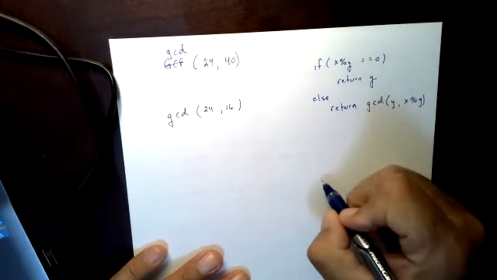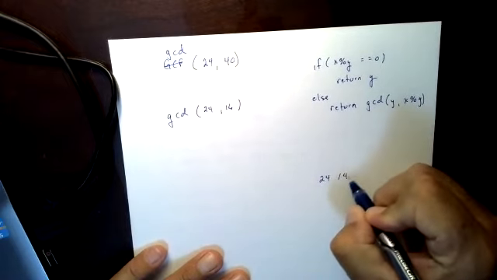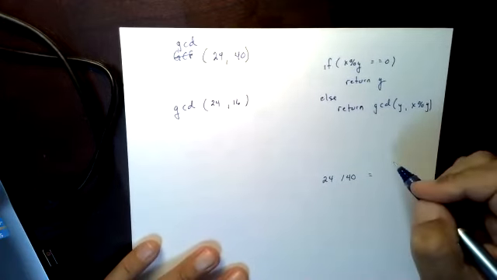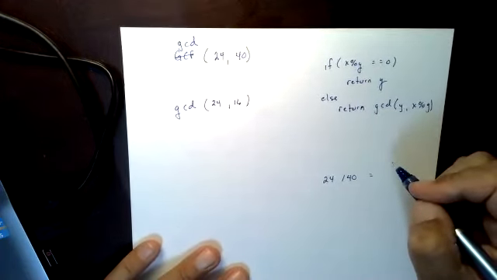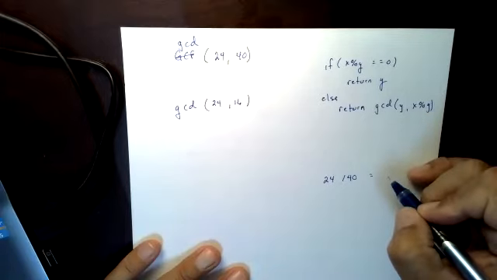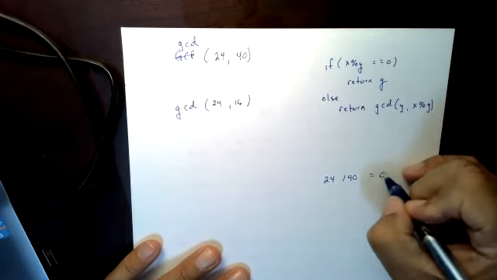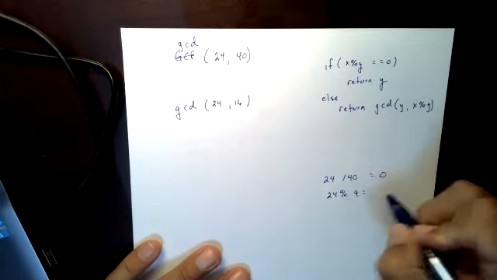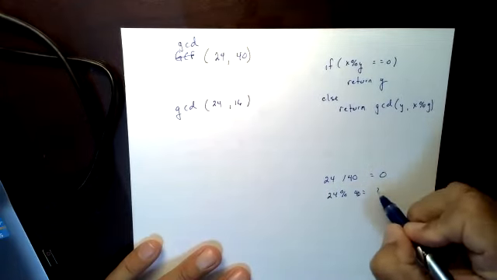Let me ask you this. If I said 24/40, what do you get? Say 0. 0 with a remainder of 24. And if I did 24 mod 40, I would get 24.